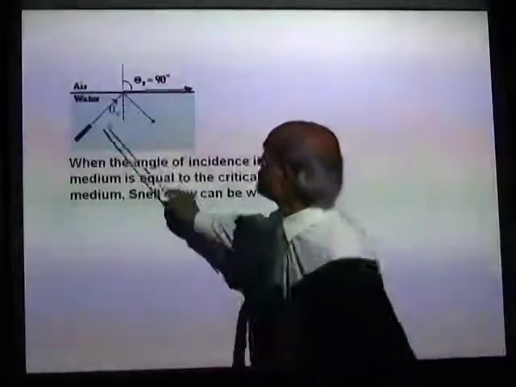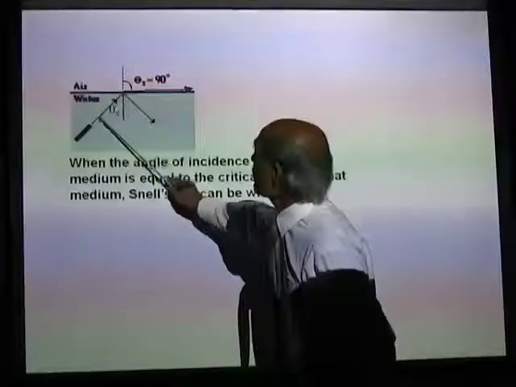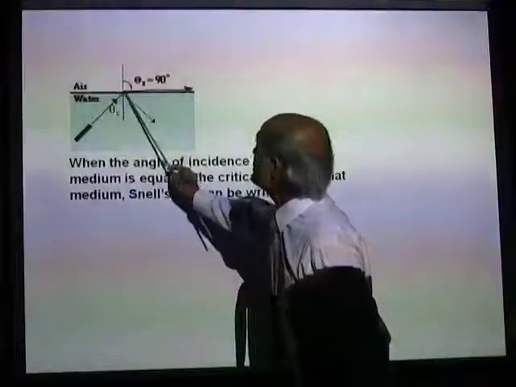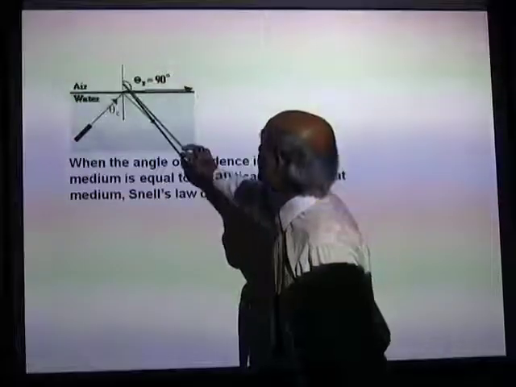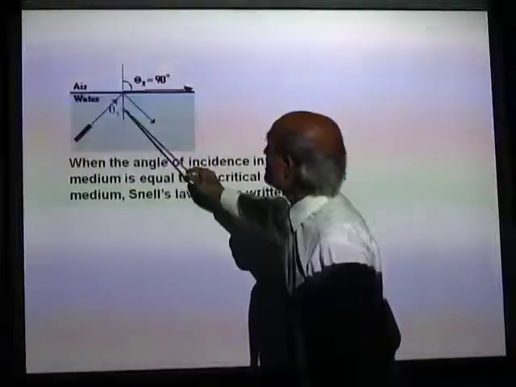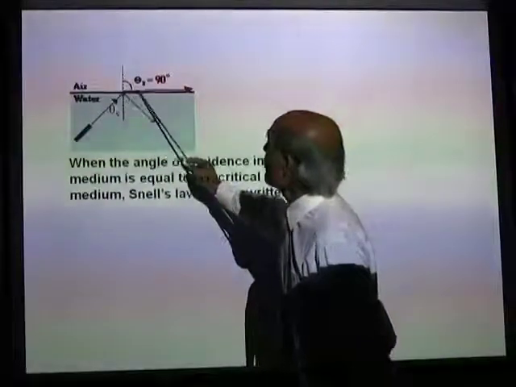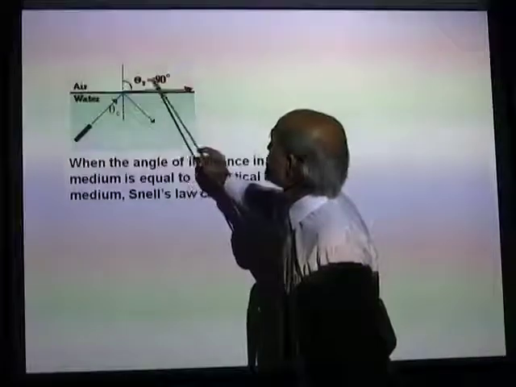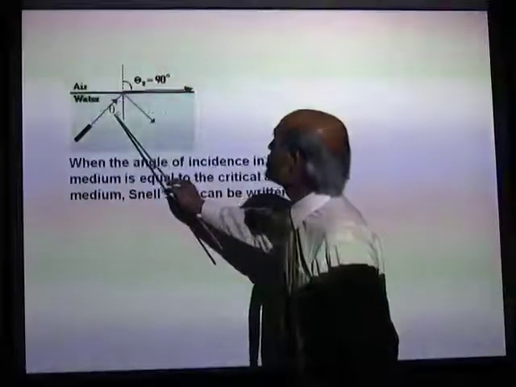Now here I have the illustration. This is the critical angle. The incident ray, the refracted ray, the angle of refraction is 90 degrees. So the angle of incidence in the denser medium for which the angle of refraction is 90 degrees is called the critical angle.